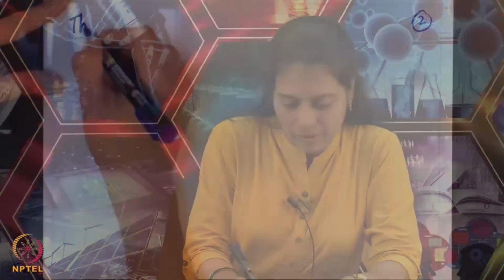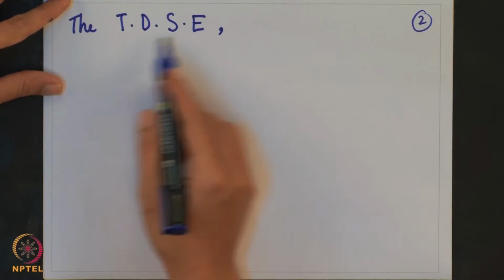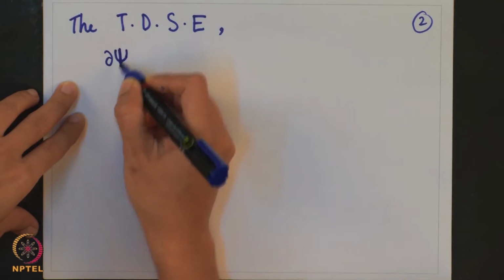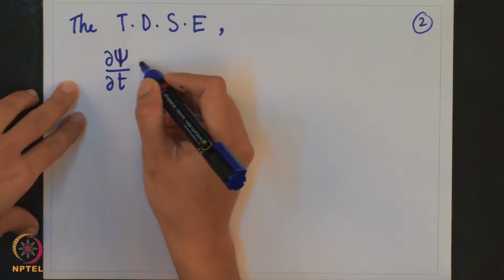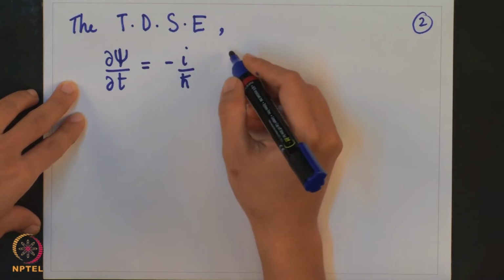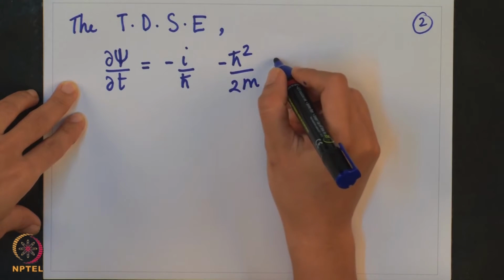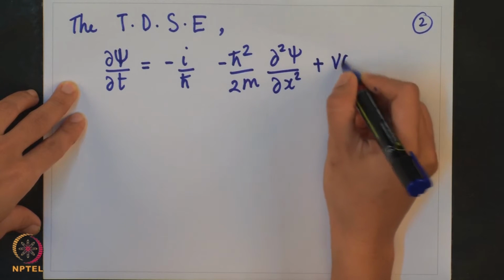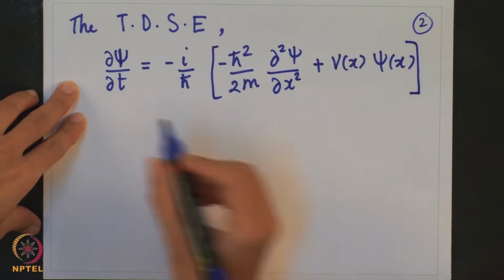The time dependent Schrodinger equation is given by, I am using a short form here, the energy operator acting on psi, that is i h cross dou psi by dou t, which will come on the left, equals minus h cross square by 2m d square psi by dx square plus V of x psi of x. So this is my time dependent Schrodinger equation.